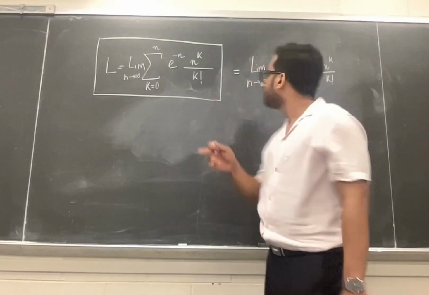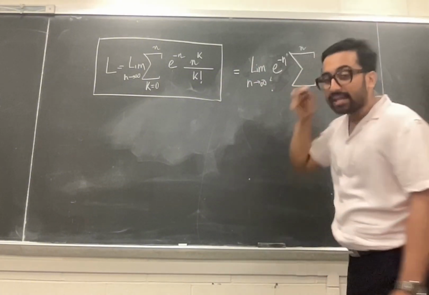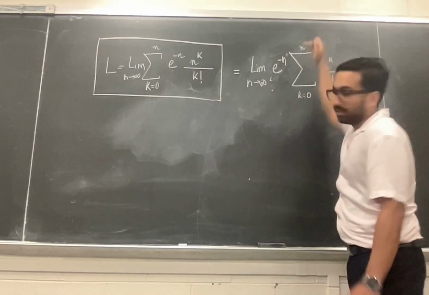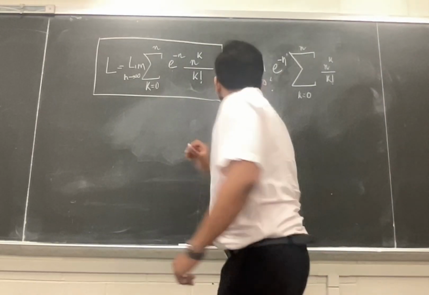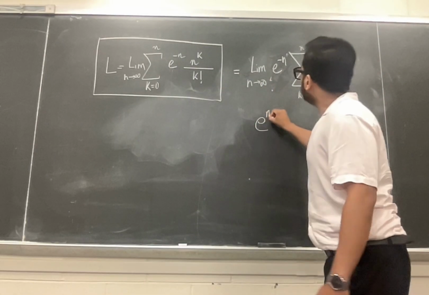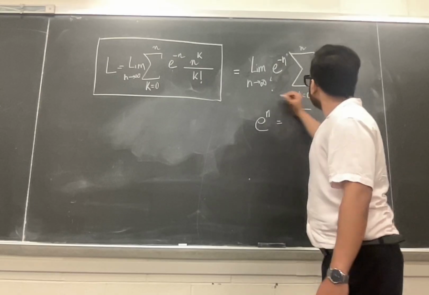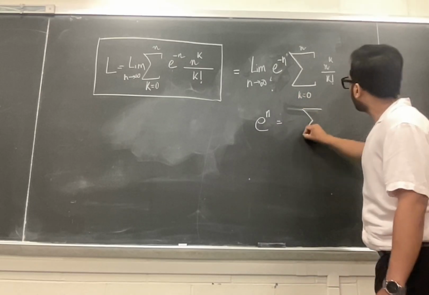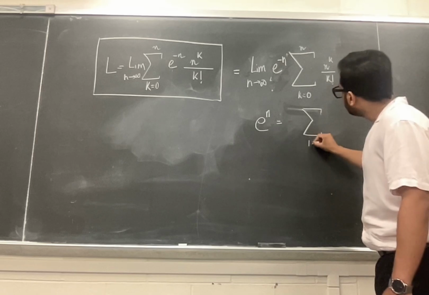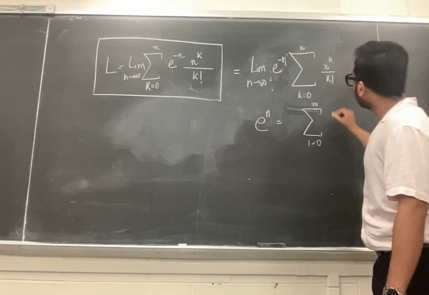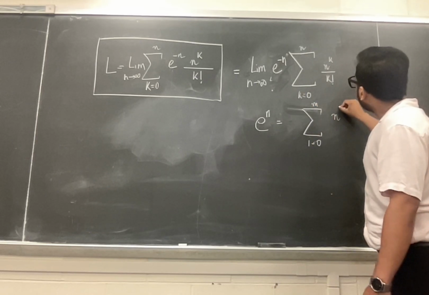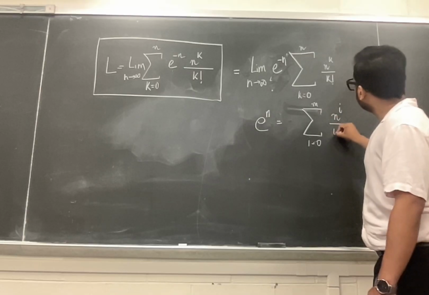The reason being, e to the power n's definition is not dependent on n. So what is e to the power n? Let's write that. So e to the power n is the summation, let's take a different variable, i from 0 to m, n to the power i by i factorial.